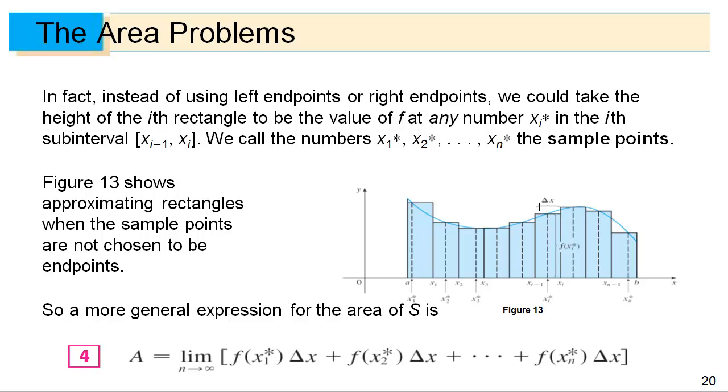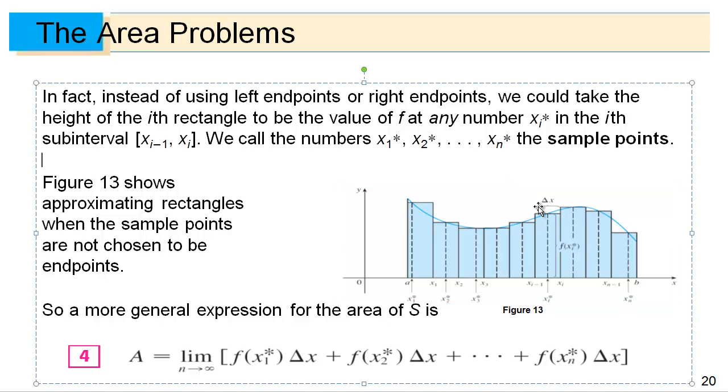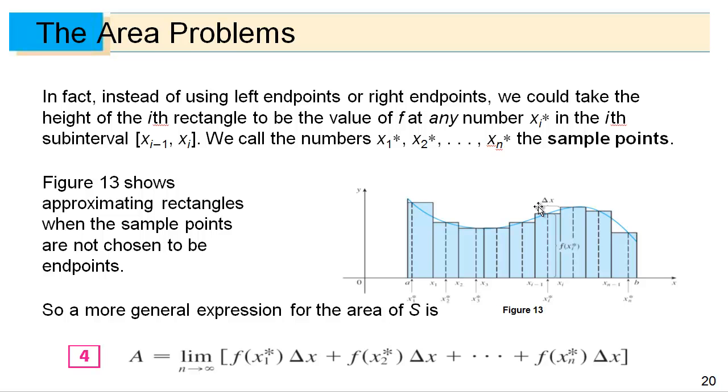And that's what these little asterisks mean. It means instead of pigeonholing ourselves and saying we must pick the left hand value of our little interval and then do the height of that, or we must pick the right hand interval and then do the height there, this general expression, this kind of theorem idea, says we can really just pick any number anywhere in this interval and let the height of the rectangle be the function evaluated at that point.